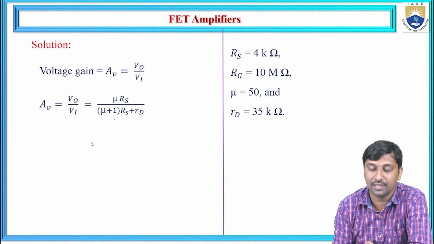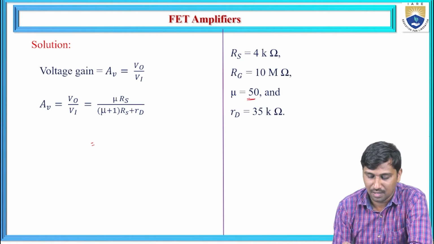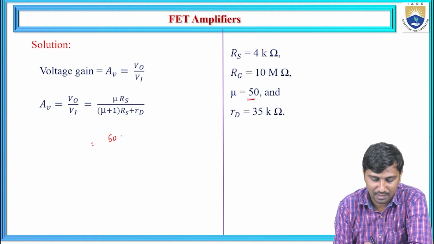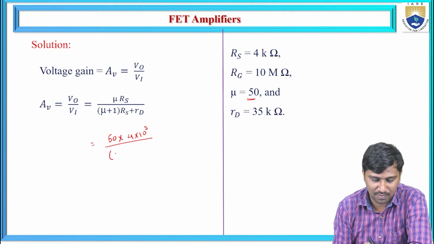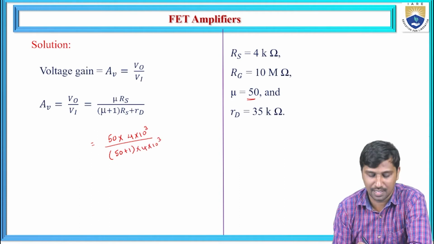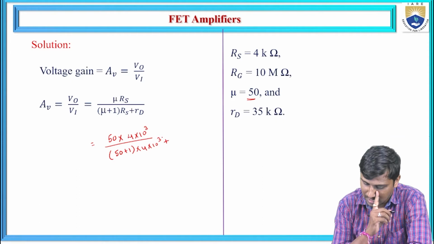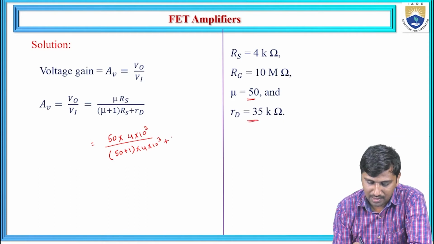Substituting the given specifications, mu is 50 and Rs is 4 kilo ohms, that is 4 into 10 power 3, divided by (50 plus 1) into Rs, that is 4 into 10 power 3, plus the small rd of 35 kilo ohms.